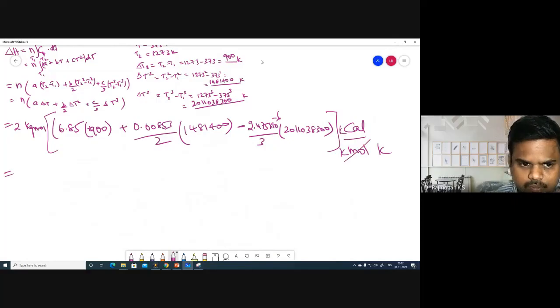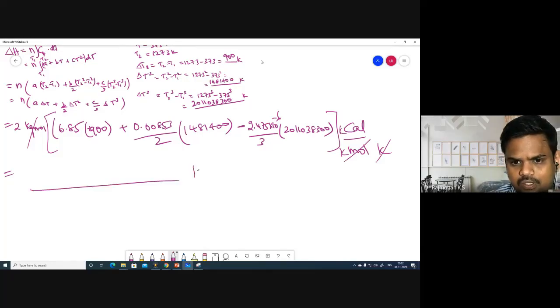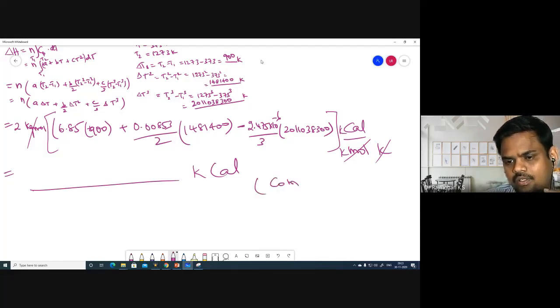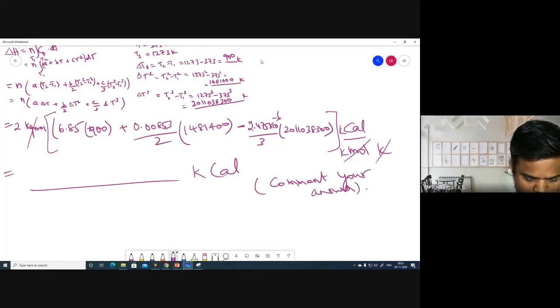So the kilomole gets cancelled. Delta T we have also multiplied, so what we get is this much kilocalories. Please comment your answer. Whatever you get, you can write the value. So that is the first part.